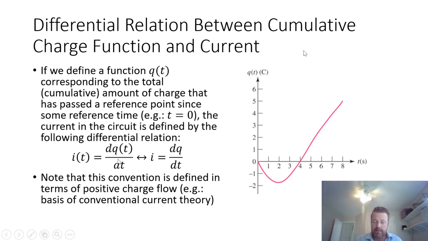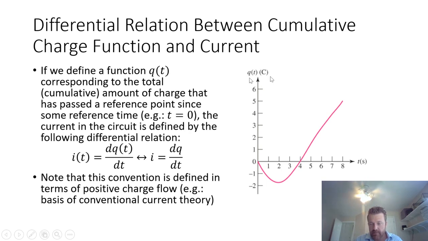So i is dq/dt. Note here, I don't have to show the dependence with respect to t. It's just assumed. And in addition, in circuit analysis, traditionally, lowercase letters are reserved for time-varying quantities. So when you think of this, just note that if you have a positive current, it corresponds to the flow of positive charge by what is known as conventional current theory.